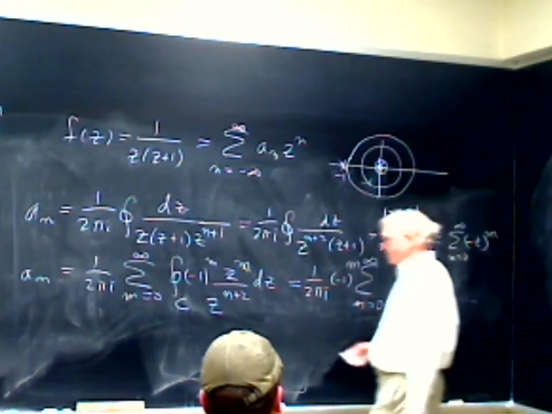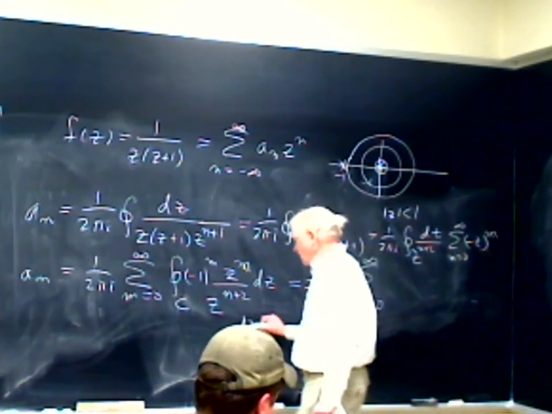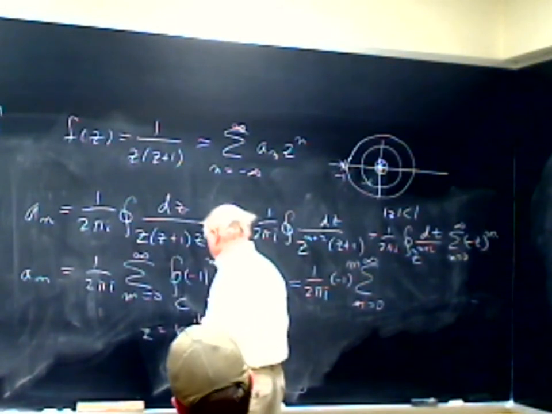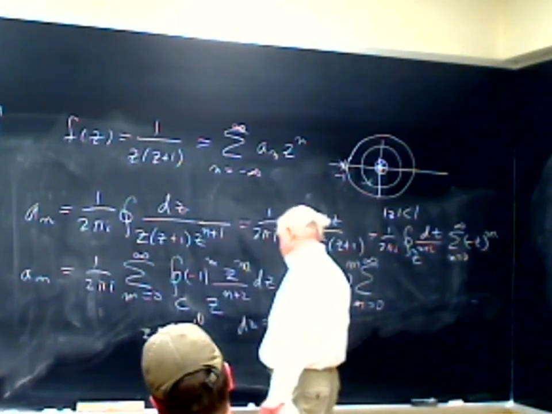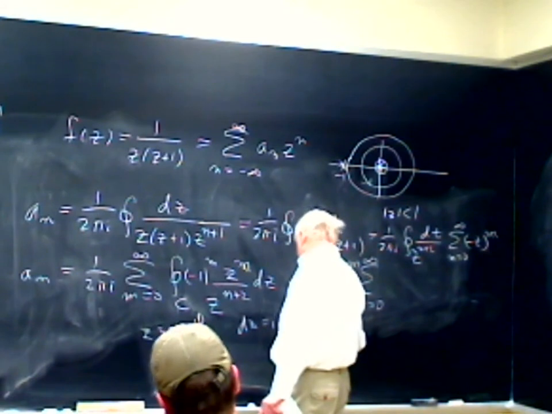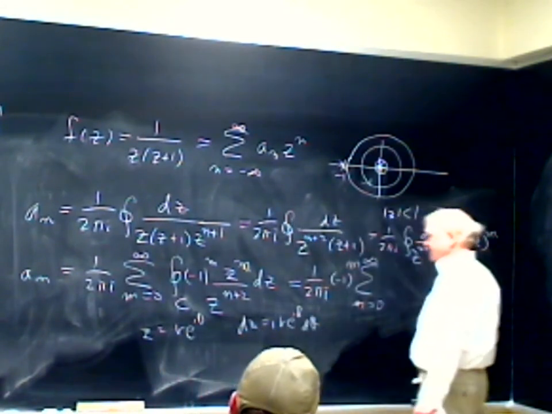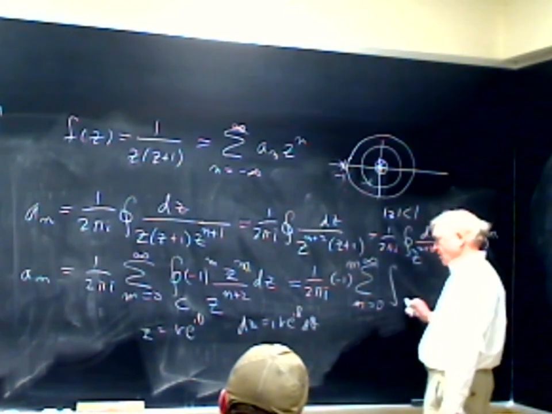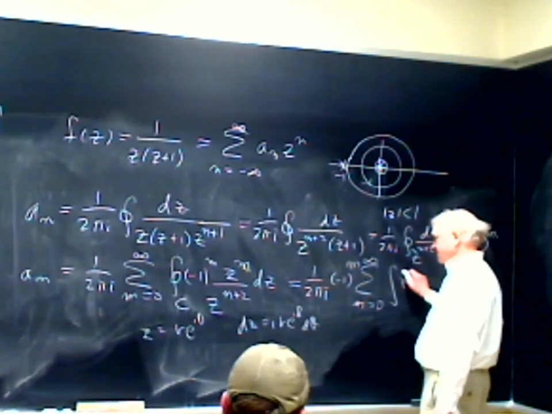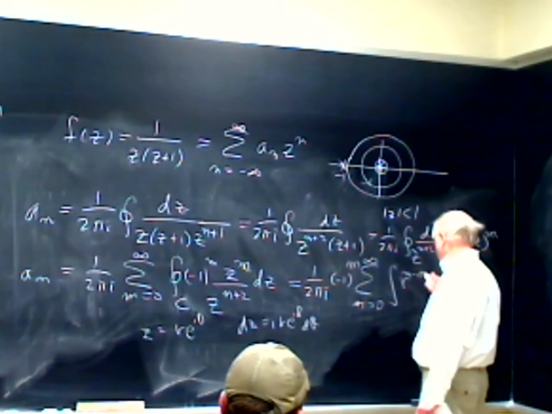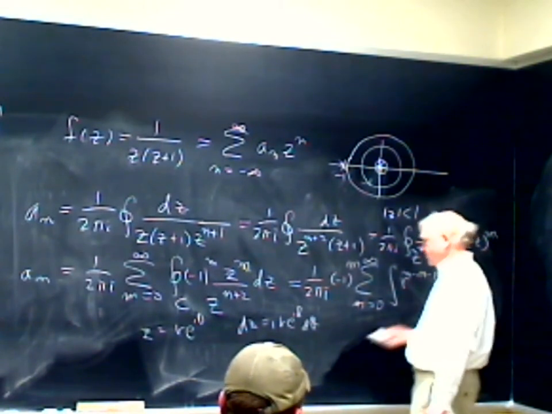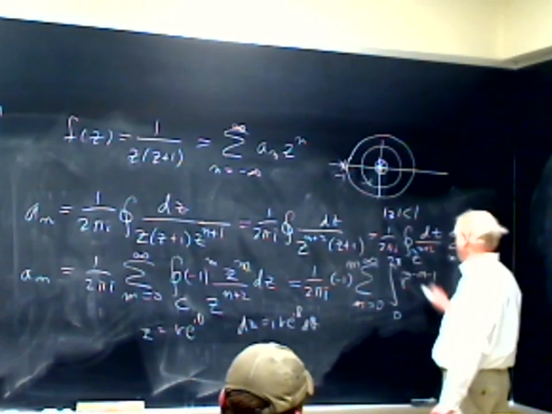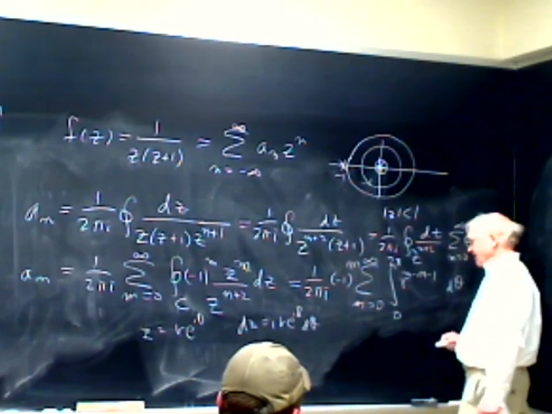These integrations, remember dz: if z is r e to the i theta, dz is i r e to the i theta d theta. Then this thing is an integral. We've got r to the m minus n minus 1, because we get an extra r from the dz. We have an integral from 0 to 2 pi d theta.